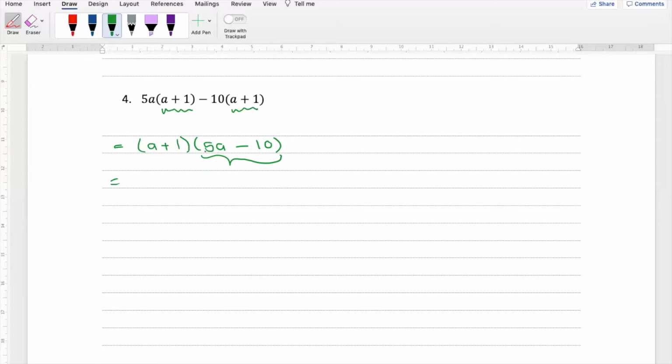I hope that you can see that the highest common factor between 5a and minus 10 is going to be 5. So I'm going to put that right at the front because numbers like to hang out at the front. I'm going to pop down that (a + 1) like we had before. And I'm going to say 5a divided by 5 is just going to give me a. And negative 10 divided by 5 is going to give me negative 2.